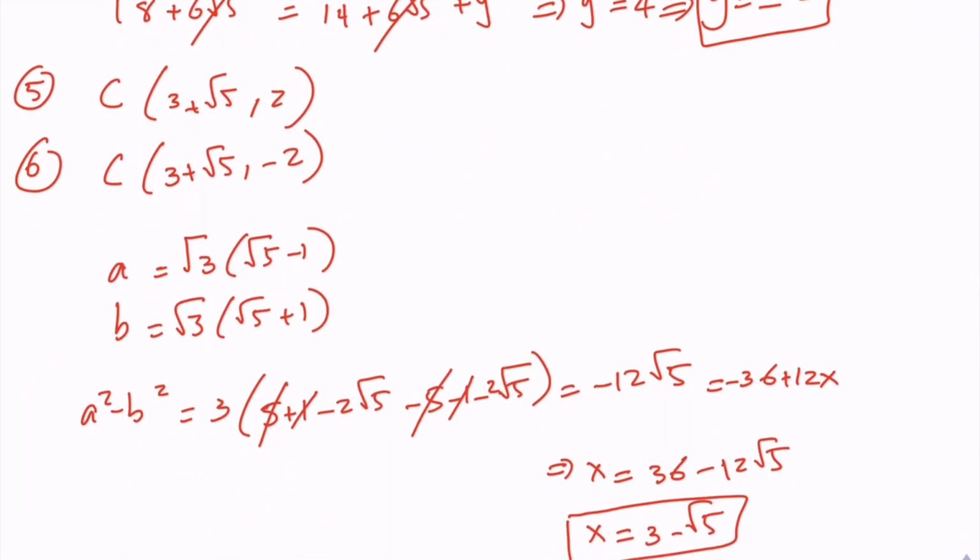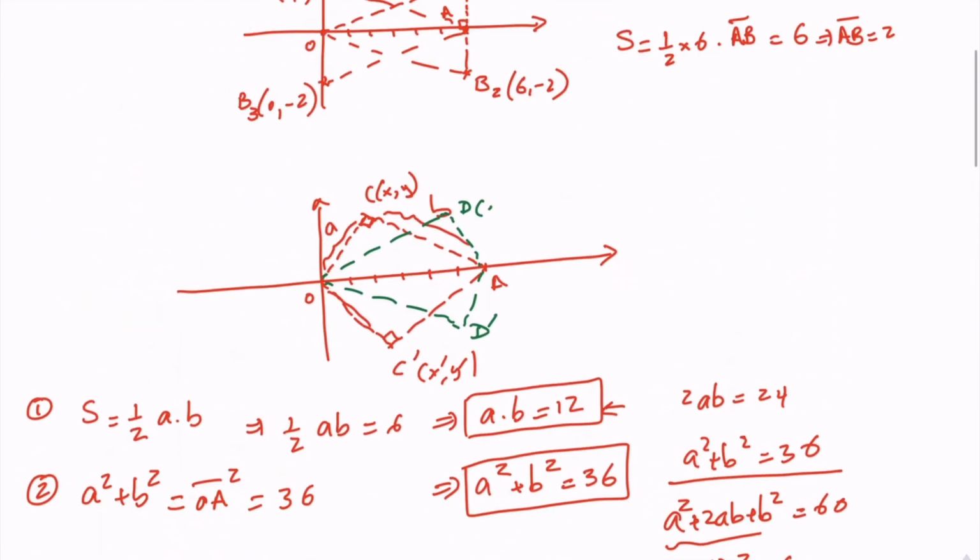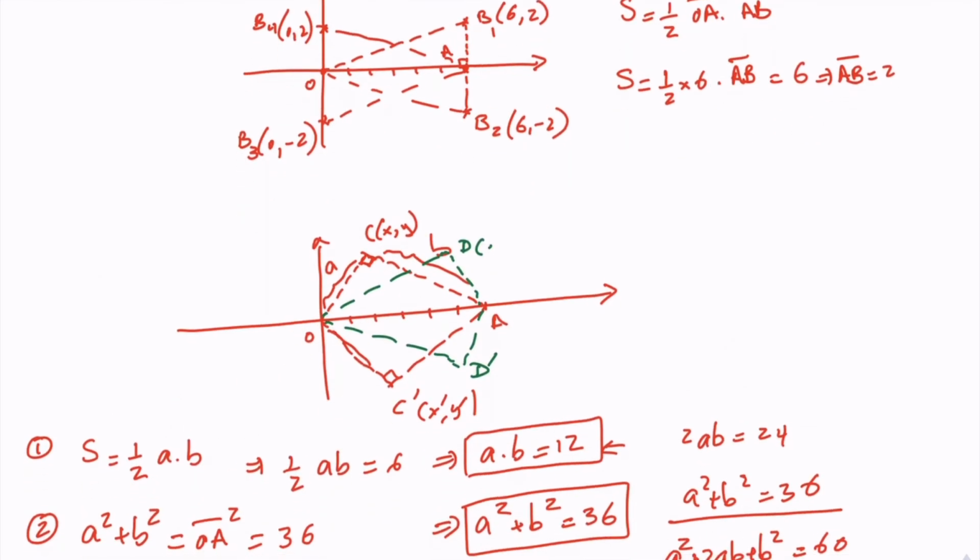Oh, so I actually made a mistake in showing c and c prime. Actually, c and c prime are these 2 points. Let me clean up here. So this was b. So this is c, this is c prime.